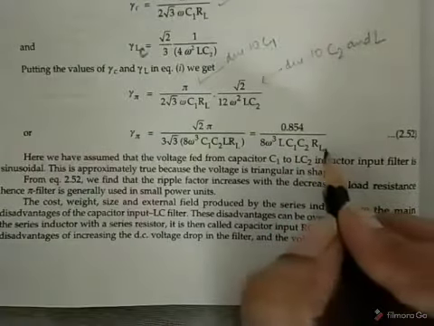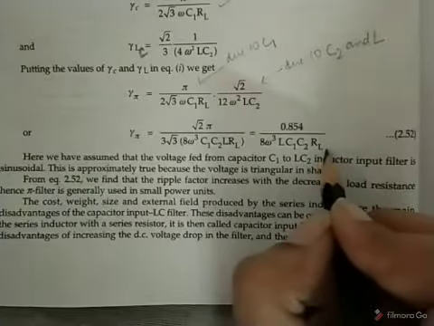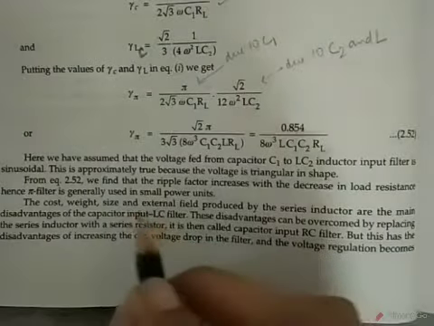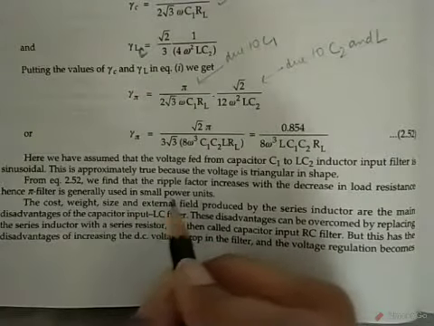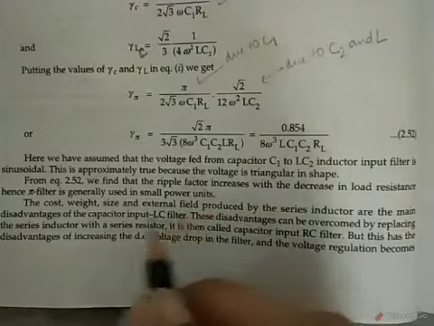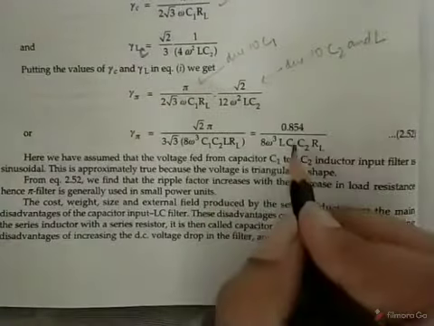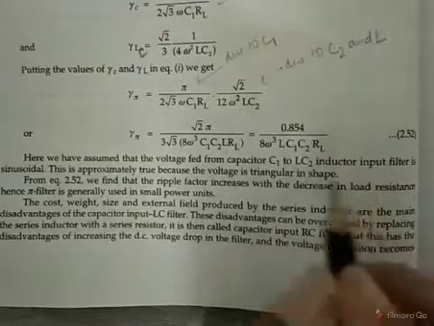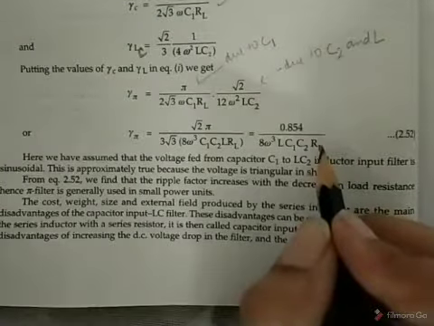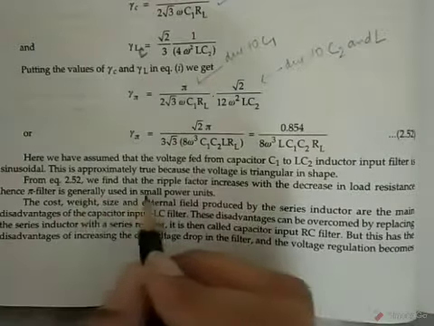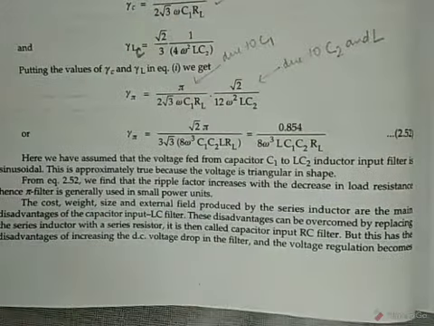Here you can see RL is in the denominator, so the ripple increases with the decrease in load resistance. Hence it is used only where small power units are there.